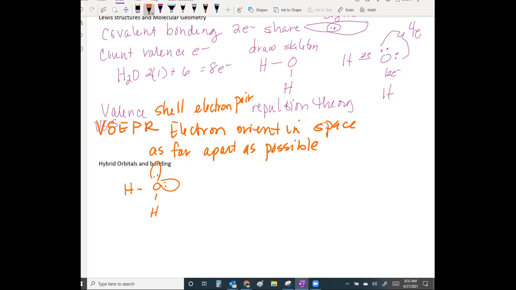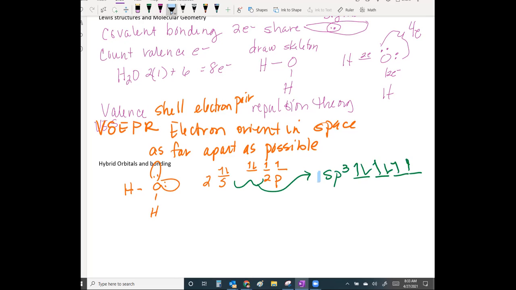And what happens here is, remember that oxygen has, in his second energy level, a 2s orbital, and then he has 2p orbitals with 4 electrons, and these merge and become a hybrid orbital, and we take those 6 electrons, 1, 2, 3, 4, 5, 6.